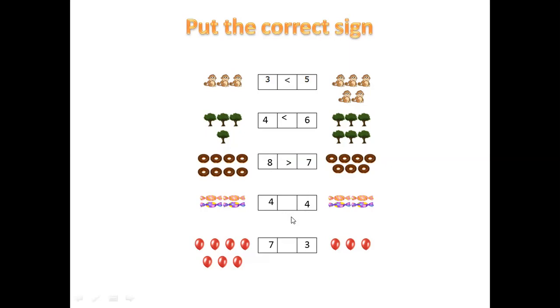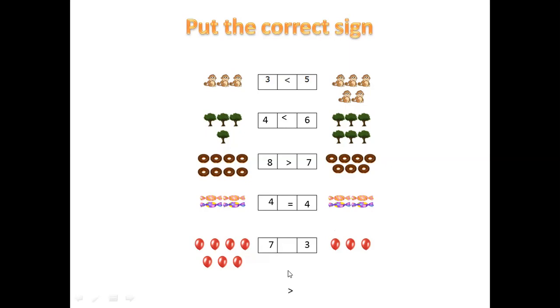What is the next one? You tell me. What will be the sign for the next question? 4 and 4? Very good. Equal. 4 equal 4. See the next one. 7 and 3. Which is the greater one? 7.